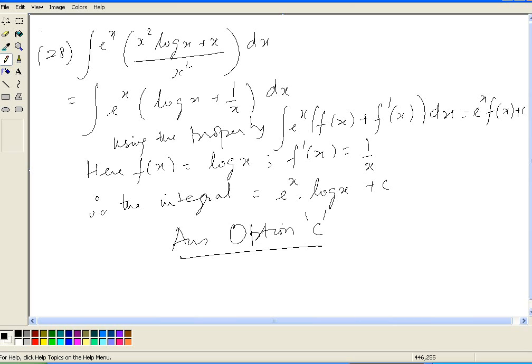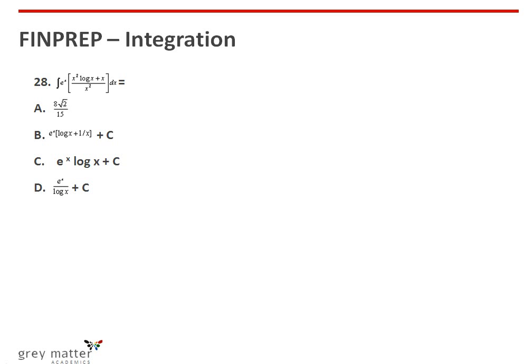Now we know the property that integral e power x f of x plus f dash of x whole dx would be equal to e power x f of x plus c. Here our f of x is log x, f dash x would be equal to 1 by x. So the integral value would be equal to e power x log x plus c. So the answer is option C.